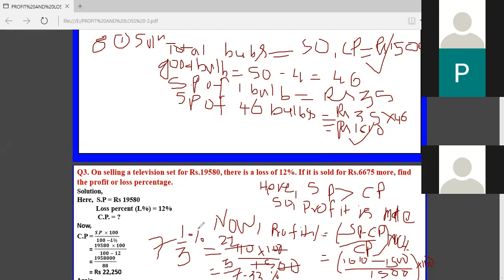Are you clear, children? Question number 8. Sir, answer is 22 upon 3. We can write the answer in mixed fraction also, or in decimal also. Whichever one you like, you can do that. Okay, children?